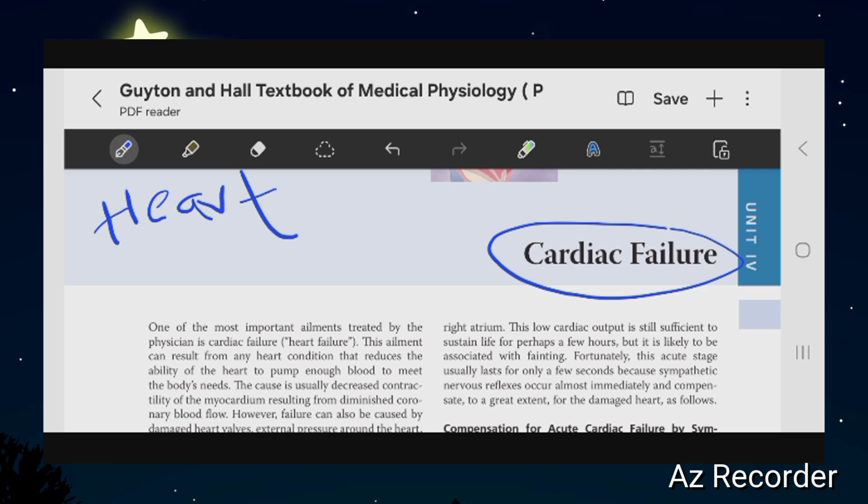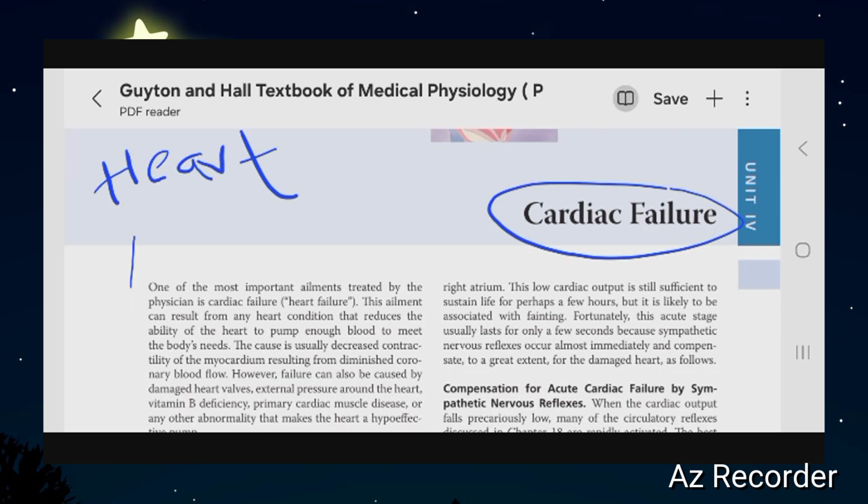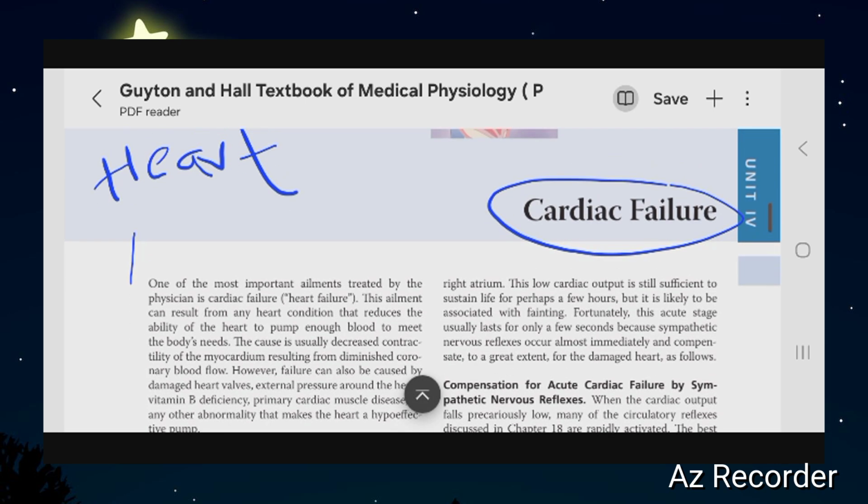So if the heart's contraction ability decreases, normally it contracts, so what will happen? Your blood supply to all the tissues and the whole body, and especially the coronary circulation, will be disturbed.